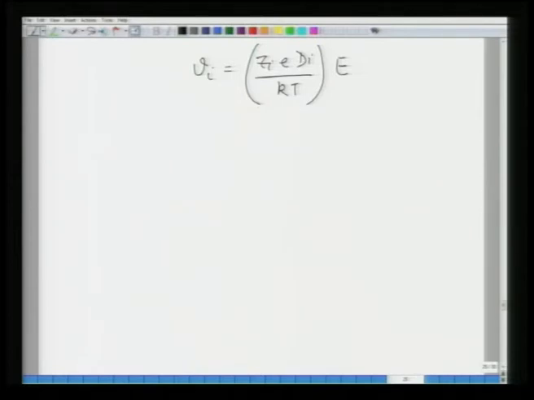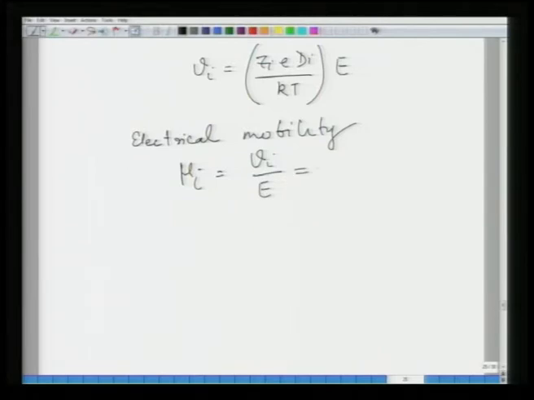If you remember, electrical mobility is defined as mu_i equals v_i divided by the electric field, which is nothing but Z_i e D_i divided by kT, and its units are centimeter square per volt second.